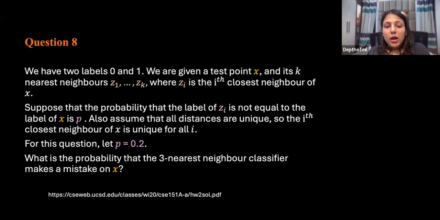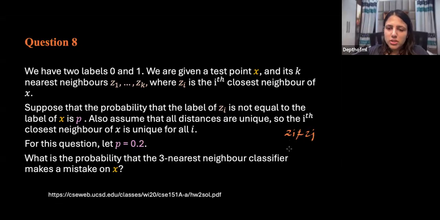Also, we'll have to assume that all the distances are unique. So the ith closest neighbor of X is unique for all i. It means that there are no data points which are at equal distances from the data point X. So there is no i, j such that the distance between Zi and X and Zj and X are equal.